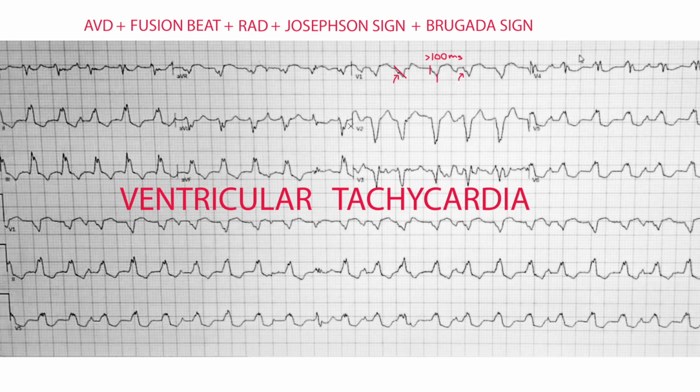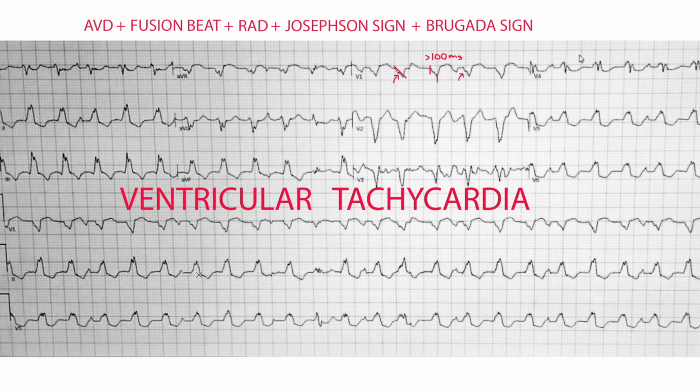Again, extremely, extremely complex topic. I have been fooled before with slower rates and QRSs that are near normal, when in fact I was looking at ventricular tachycardia. But we get better every single day, and we learn from our mistakes.